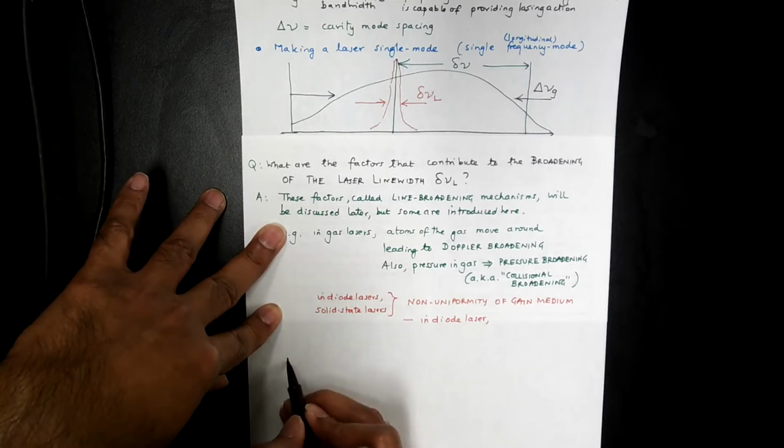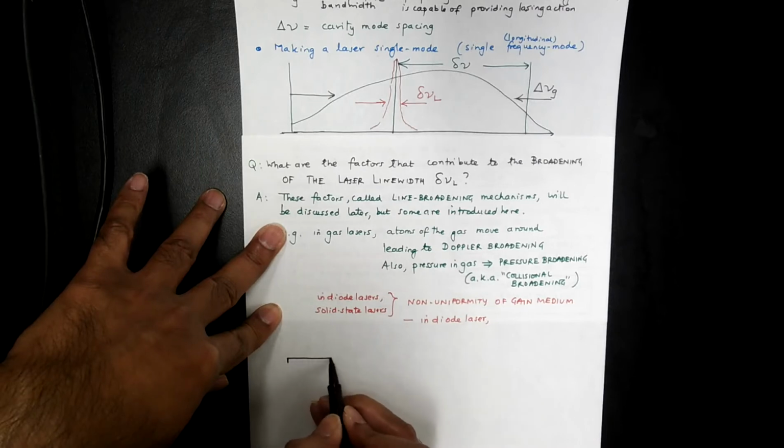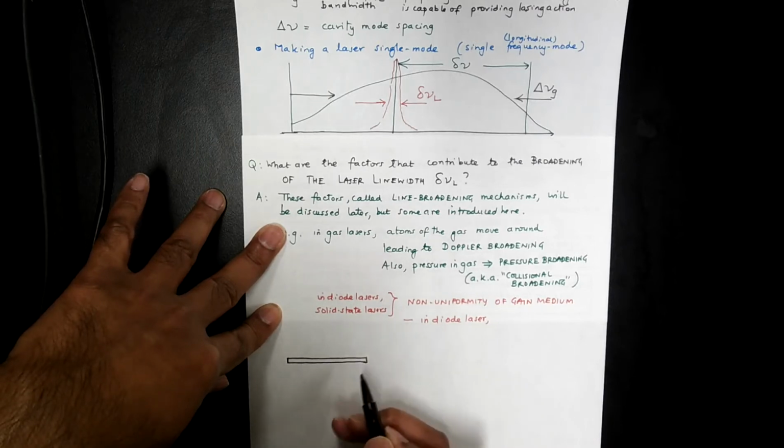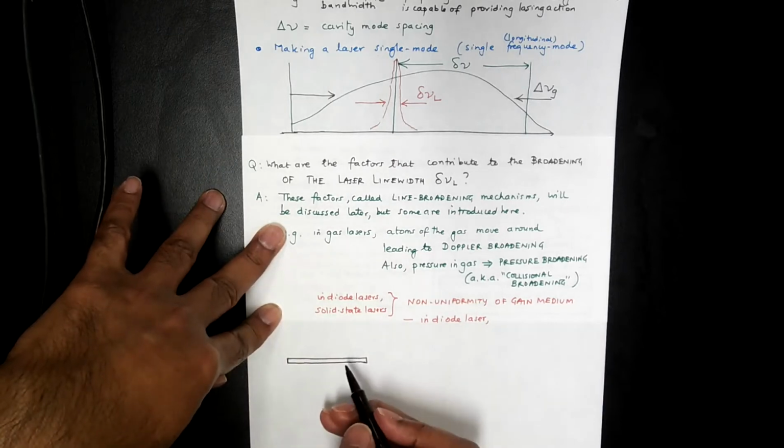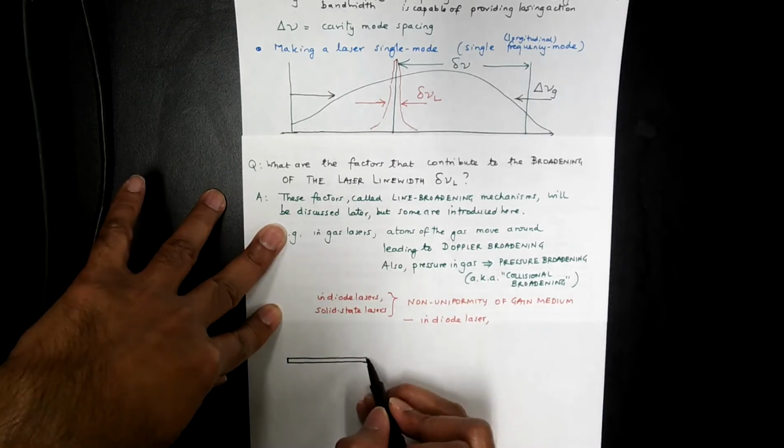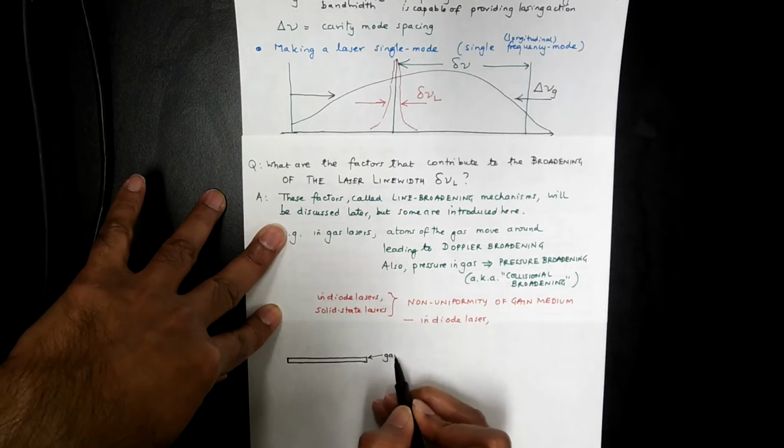Let's say that the medium or the chip where the lasing actually happens is this narrow, and usually it's long in one dimension and short in the other. And so this is your gain medium.